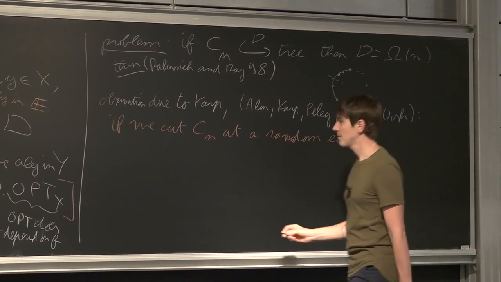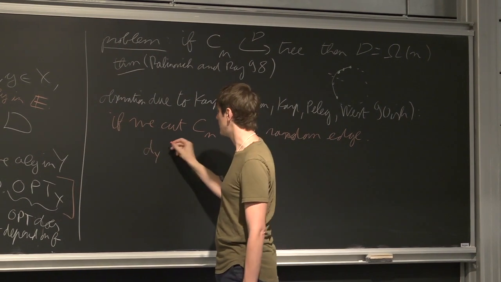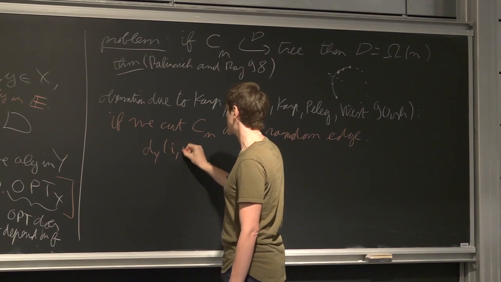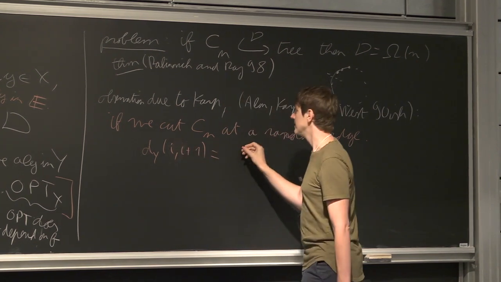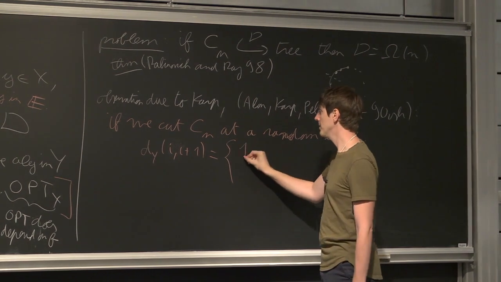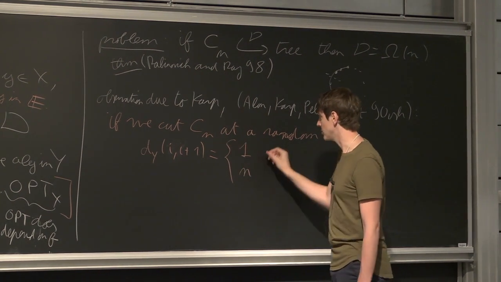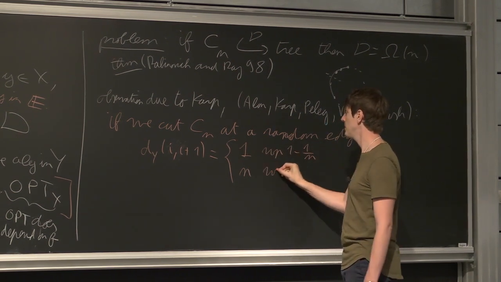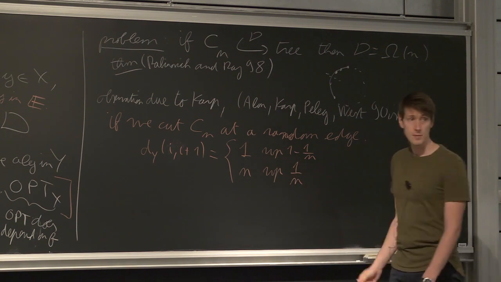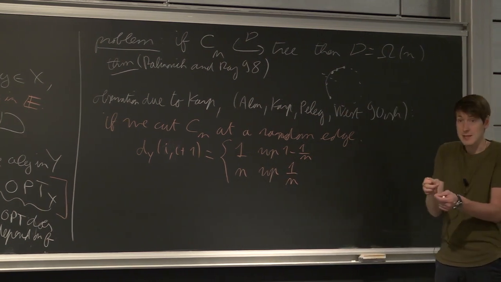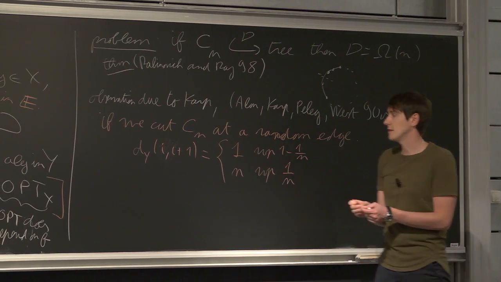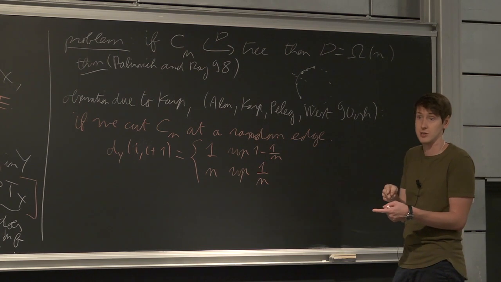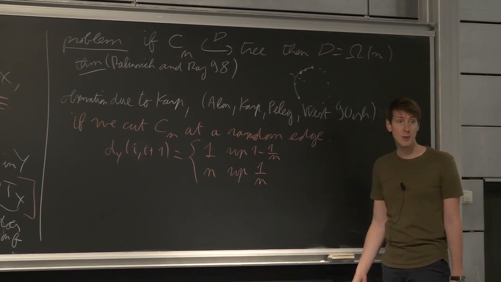Then the distance in y between two points next to each other, i and i plus 1, is either 1 or n. It is 1 with probability 1 minus 1 over n, and n with probability 1 over n, because the distance is distorted by a factor n only if I exactly cut that edge, which happens with very small probability.